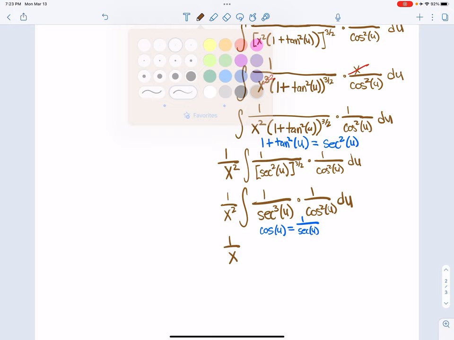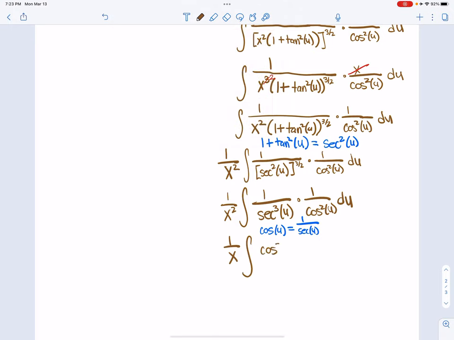And using that knowledge, I can then change this into cosine cubed of u. I'm basically just inverting this, so that becomes cosine cubed instead of 1 over secant cubed of u. And then in the denominator, I have divided by cosine squared of u du. And this one, I just moved, so I just put them together, okay?